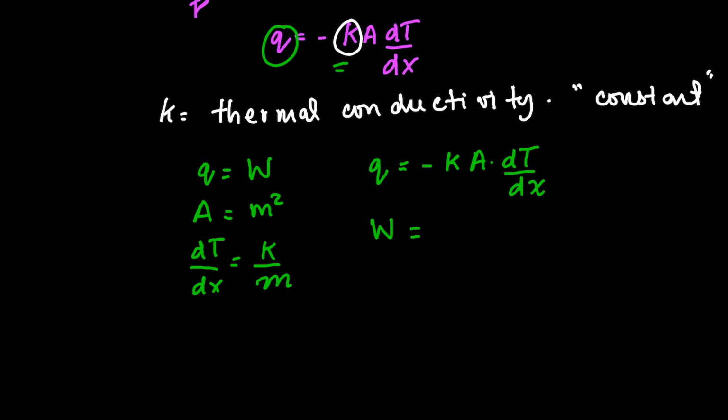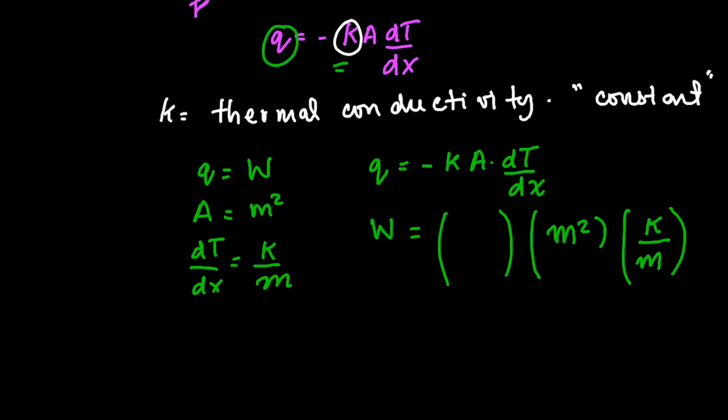Q is in watts equals, we don't know what this is, we know what meter square is, and we know this is K over M. So this goes away with this. So we need to get watts in here, right? So watts need to be up there, and we need to cancel out this meter and this K. So therefore our K equals watts per meter K.